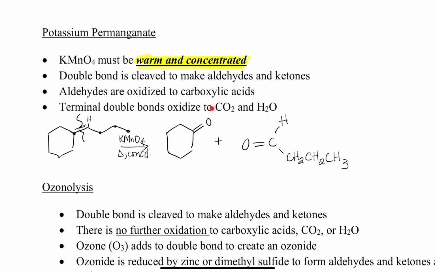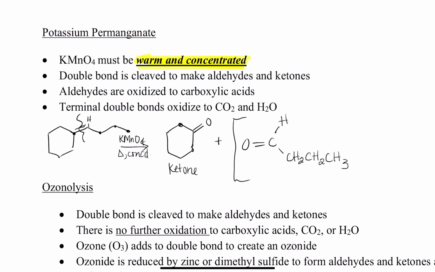And so the left side of my double bond, this product is a ketone because my carbonyl group is directly bonded to 2 carbons, whereas over here I have an aldehyde because I can see that my carbonyl group is directly bonded to a hydrogen.